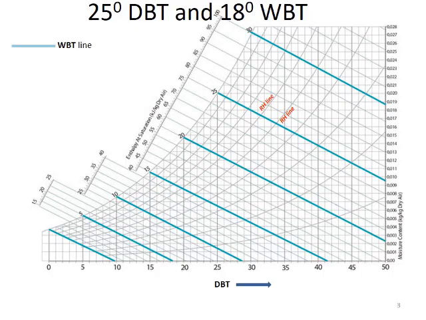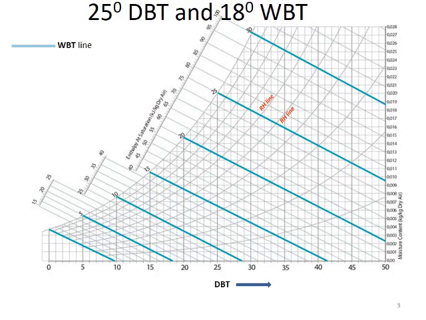So how many parameters are there here? You have DBT, WBT, DPT, specific humidity, RH or relative humidity, and enthalpy. So almost 6 parameters. Out of 6, if any 2 are given, you can easily locate that point and find out the remaining 4.